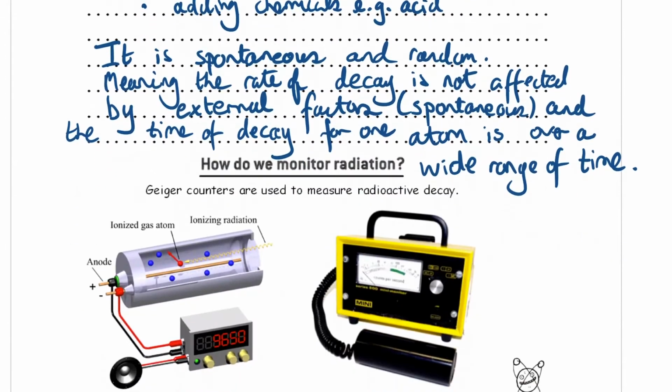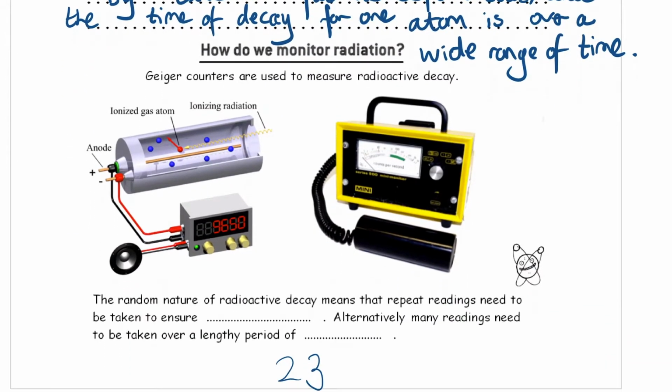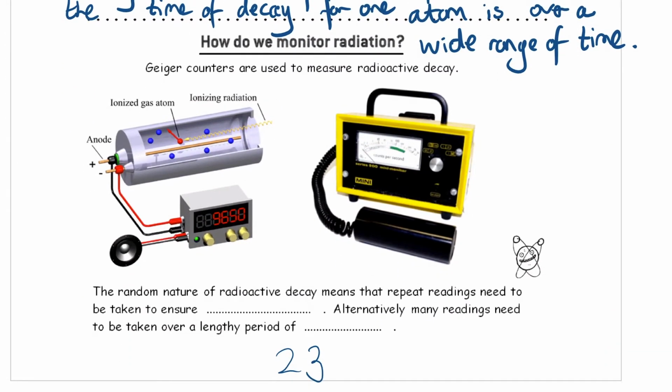So how do we monitor radiation? Well, we use one of these. It's called a Geiger counter, or in full name would be a Geiger Mueller tube, but shortened down to Geiger counter. And you can see what happens here is that we'd have perhaps an alpha particle or a helium nucleus.